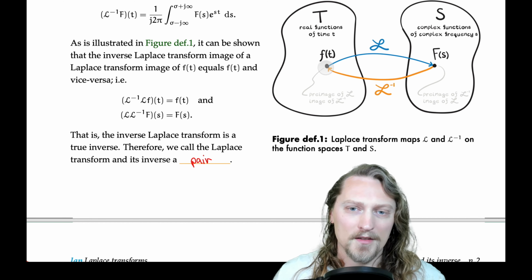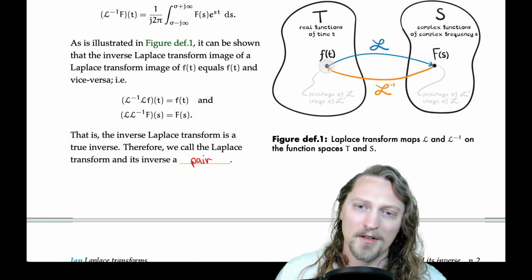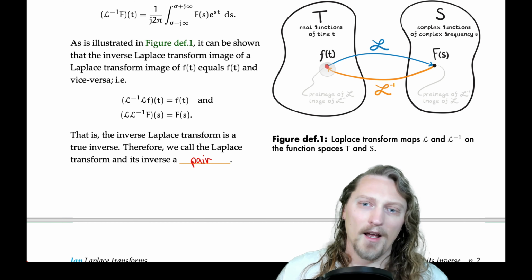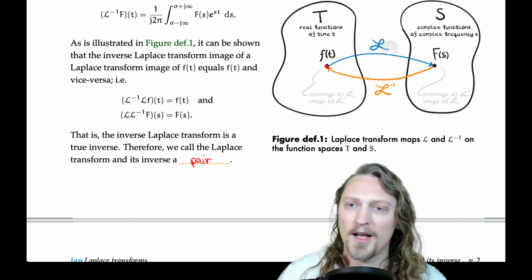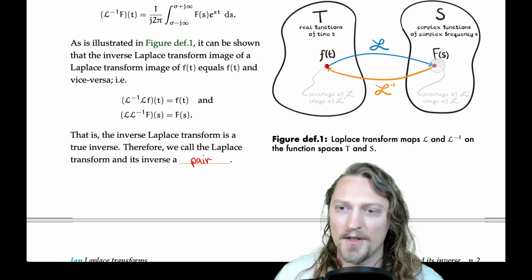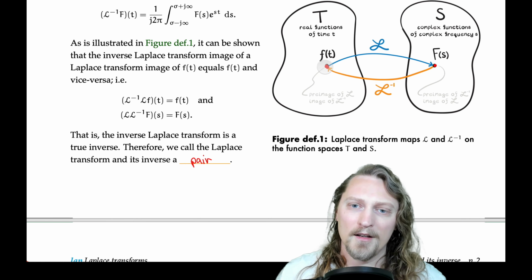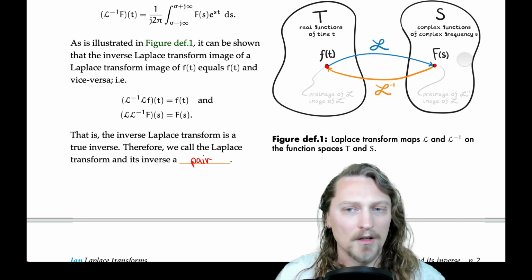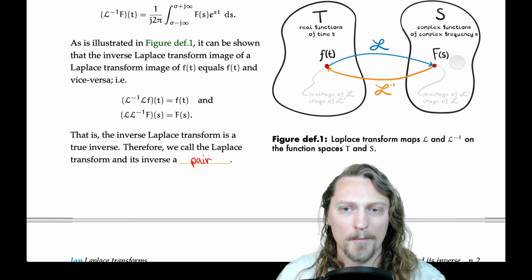So if you're going from left to right, and you started here with f of t, you take the Laplace transform and you get this f of s. Then this would be called your pre-image of the Laplace transform, and this would be called the image of the Laplace transform.